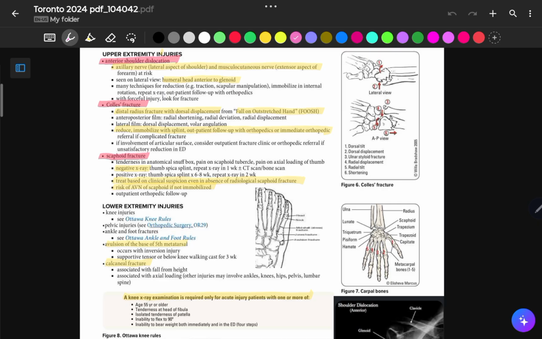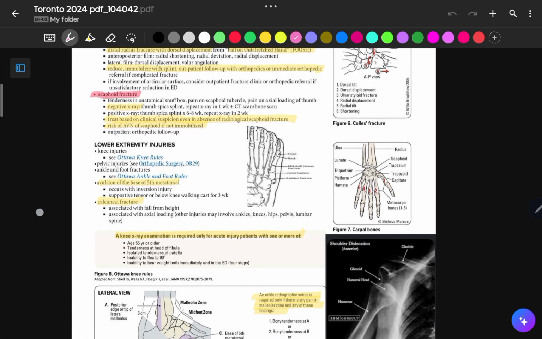Even if the X-rays are negative, but they have anatomical snuffbox pain and pain on the scaphoid tubercle, then you're highly suspicious of a scaphoid fracture, and you still want to treat this patient. Why do we need to treat this? Because they're at risk of avascular necrosis of the scaphoid if it's not immobilized. So you need to put on your thumb spica splint, with outpatient orthopedics follow-up.